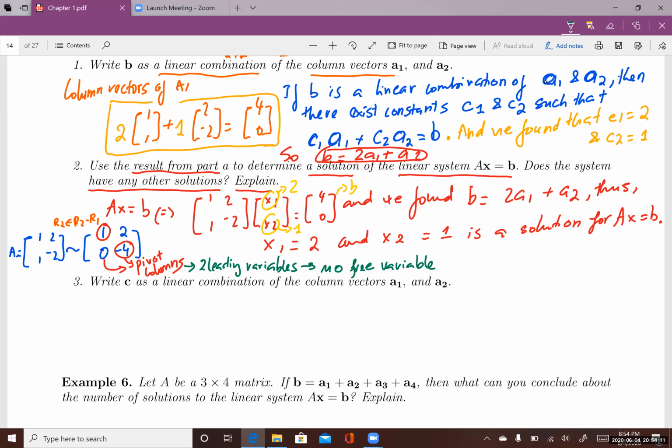And since your system is consistent because it has at least one solution, and it has no free variable, the system is already consistent, right?